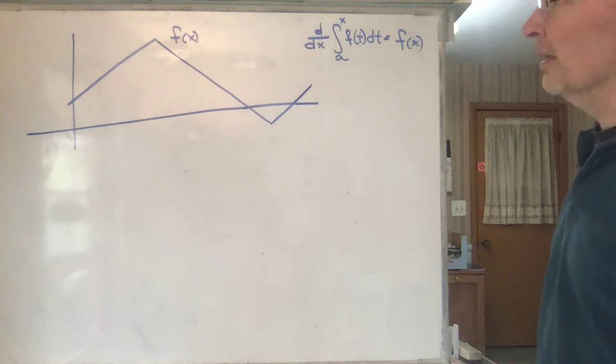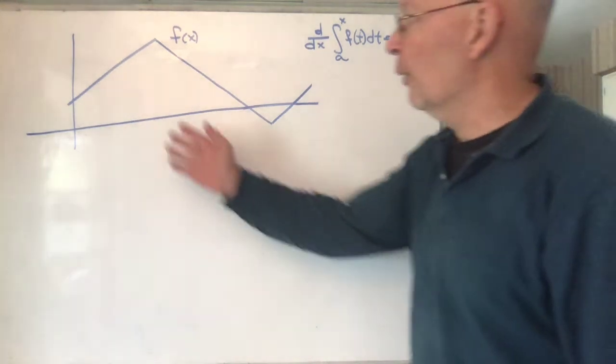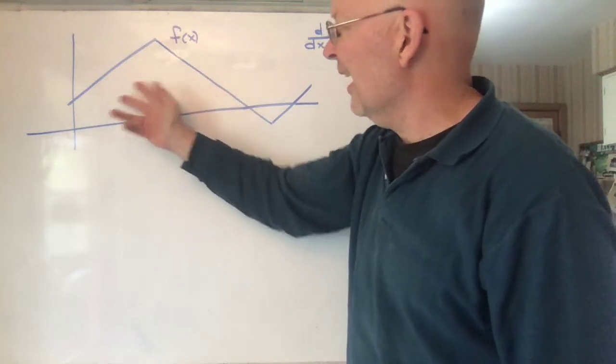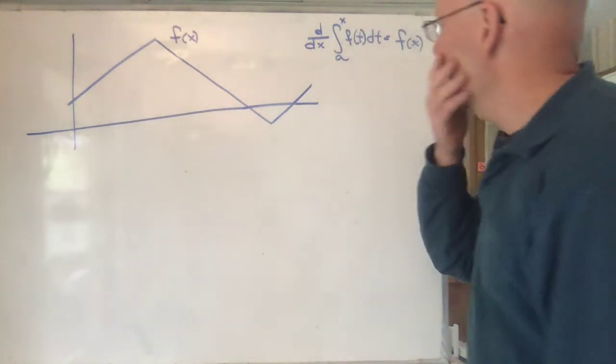Why should that be? Why should it be the case that if you want to find the area underneath a function you take the antiderivative? Well, why does that even make sense?